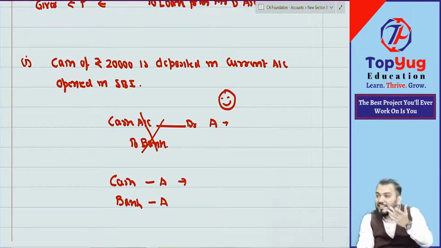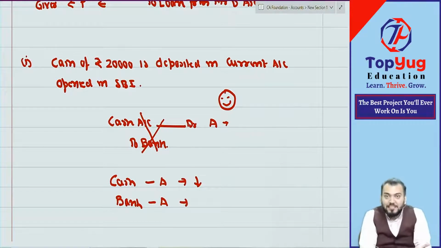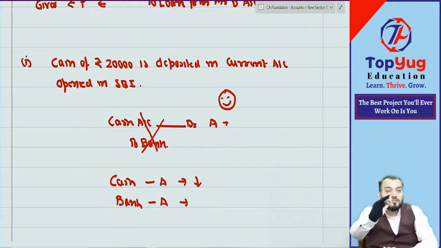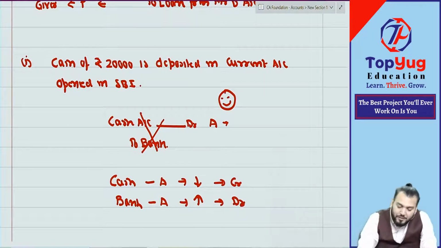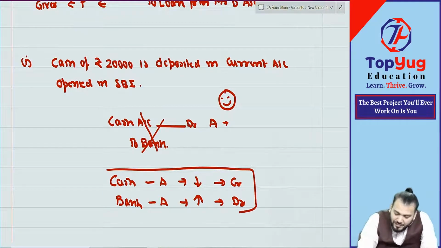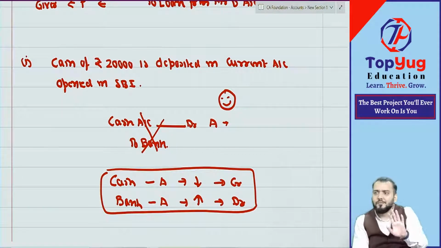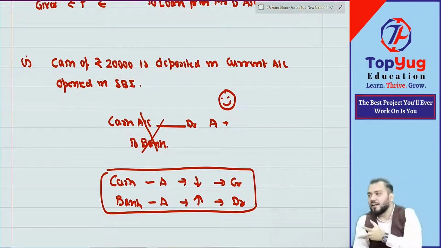So cash is decreasing and the bank balance will increase, because we have deposited in a bank. Decrease will be credited and increase will be debited. In this manner, your answer will come until we become expert. Once we become expert, we can do it directly in our mind.